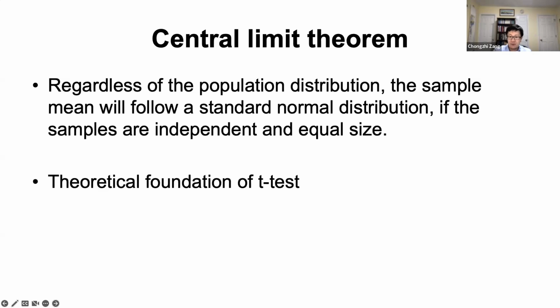For example, if we want to get the average weight of all the human beings in the world, it's unfeasible to measure the entire population. Instead, we use a sample. As long as the sampling process makes sense, right?